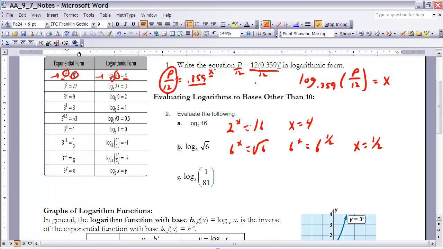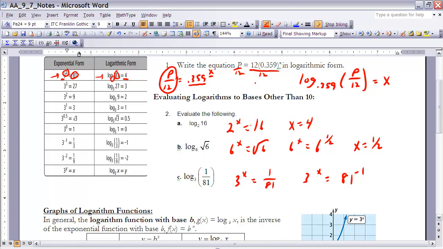And finally, the last one: 3 to what power is equal to 1 over 81? We want to think about that a little bit, and this might test your arithmetic skills. You can think of that as 3 to the x is equal to 81 to the negative 1st power.